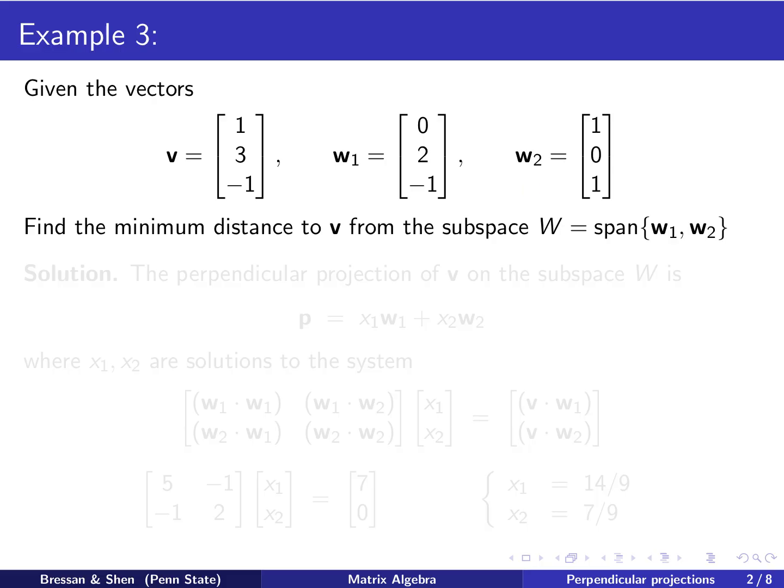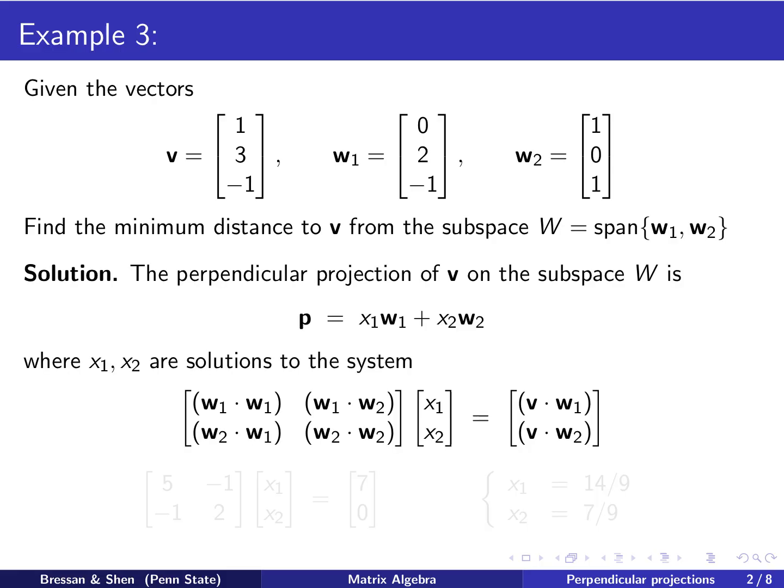We want to find the minimum distance to V from the subspace formed by the span of W1 and W2, and we call this subspace capital W. So we need to find the perpendicular projection of V on the subspace W. Let's assume the perpendicular projection is P, which is x1 W1 plus x2 W2.